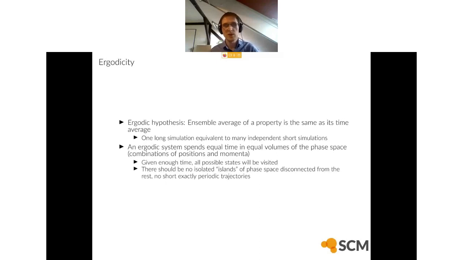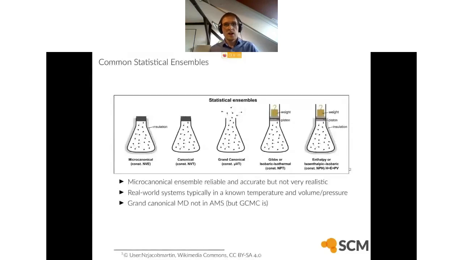And that is one important assumption that we use when we run simulations. We assume that no matter where we start from, we will eventually sample the things we're interested in, so the actual physical behavior of the system. When I'm talking about ensembles, I need to review that there are a few of them.